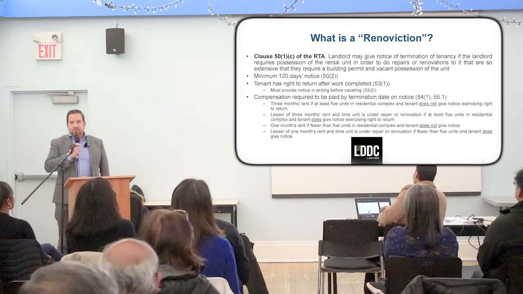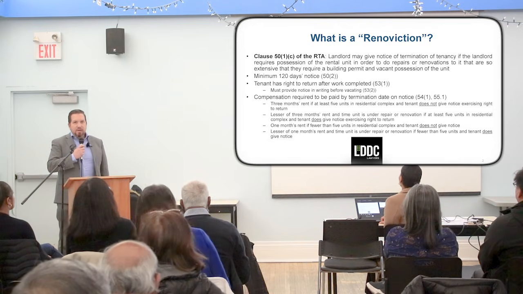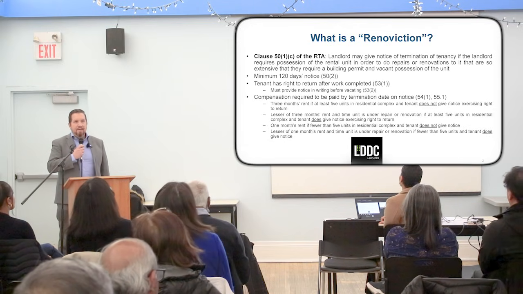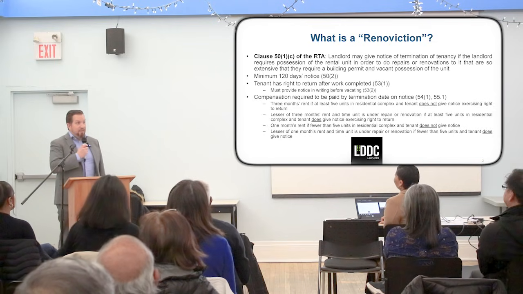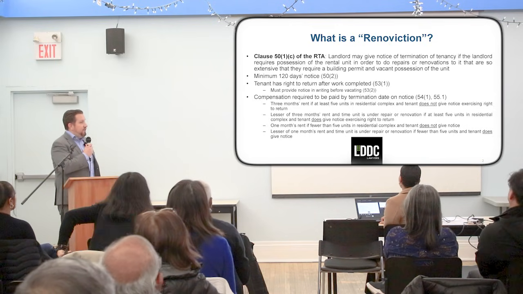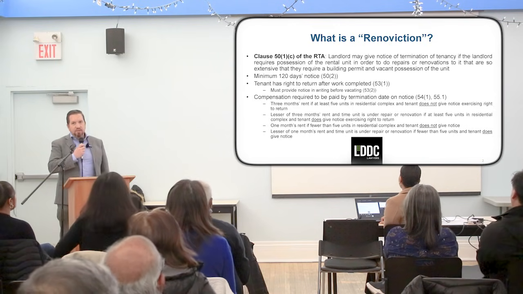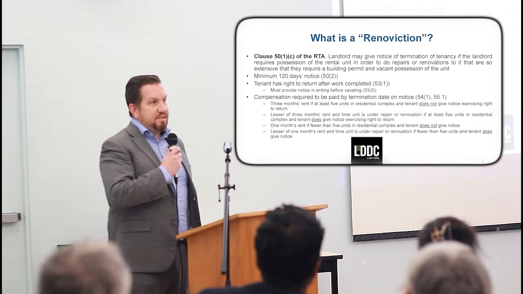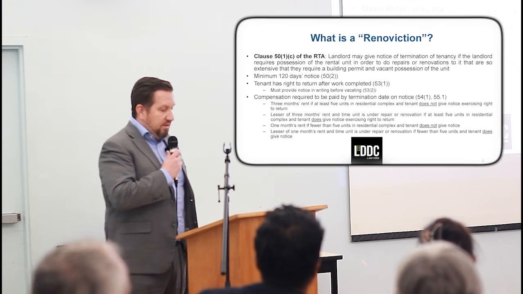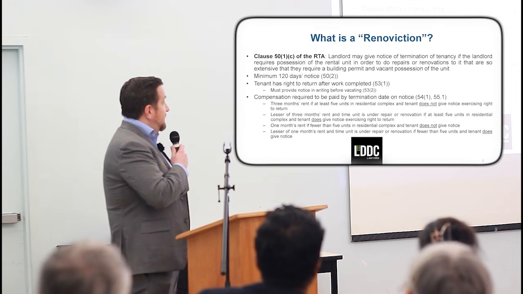So, a bit of a refresher in terms of what is a quote-unquote renoviction. Aside from being a made-up word that does not appear in any dictionary that I'm aware of, a renoviction is a notice of termination given by a landlord to terminate a tenant's tenancy for substantial renovations that are sufficiently serious that the tenant cannot remain in the unit while the renovations are being carried out.